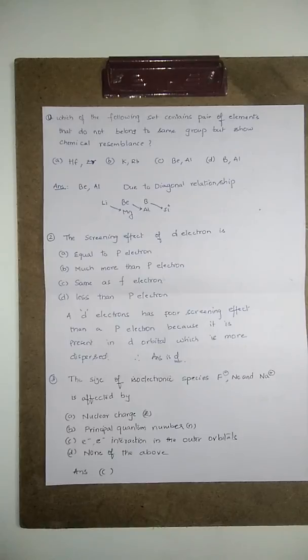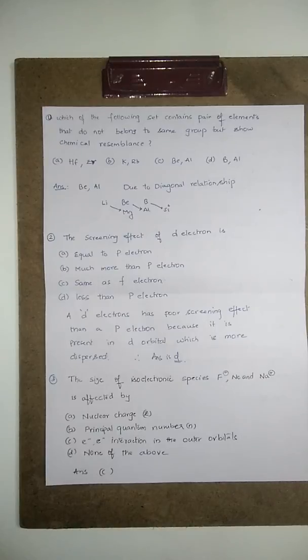So the more the dispersion, the less the screening effect. Similarly, an f orbital screens even more poorly, whereas an s orbital screens better. That is because of their shape. So that is the order of screening effect also.